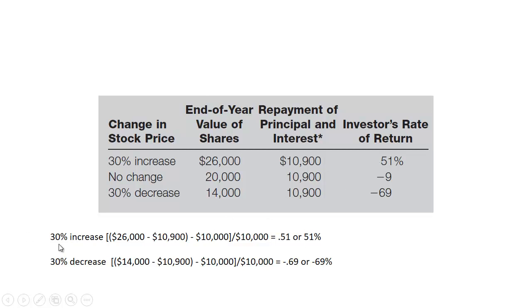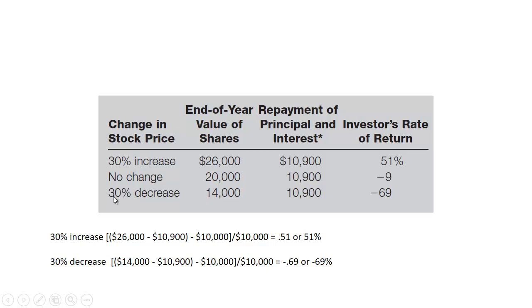And I've done so down here. 26,000 minus the amount of the loan, minus the amount of the initial investment, 10,000, divided by the initial investment of 10,000, that's 51%. So even though stocks only rose 30%, your return is 51% because you were using someone else's money. You were using the broker's money to buy more shares.